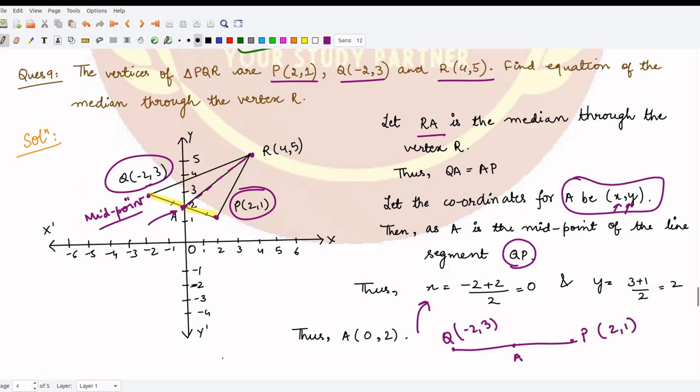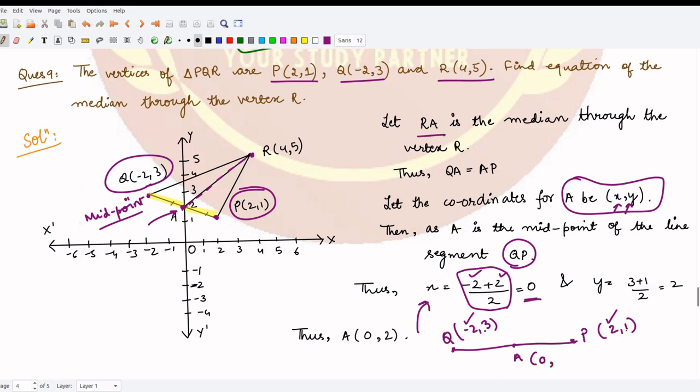The X coordinate of Q is -2 and of P is 2. Add both of them and divide by 2 to get the mid value, which is the X coordinate of A. Here it comes out to be 0.